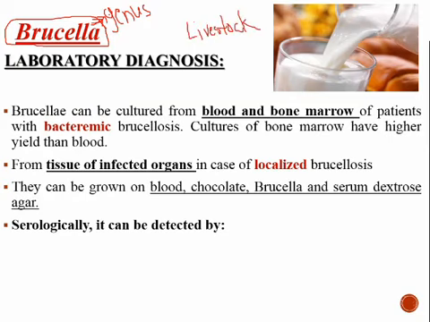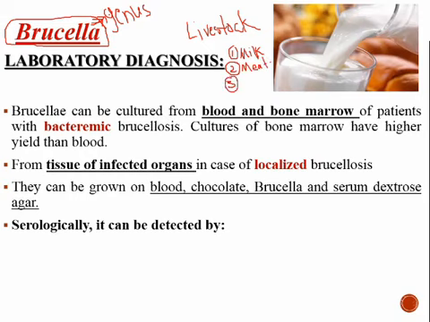Humans are infected by drinking infected milk that is not pasteurized properly, since pasteurization kills Brucella, and also by contaminated meat that is not cooked properly.